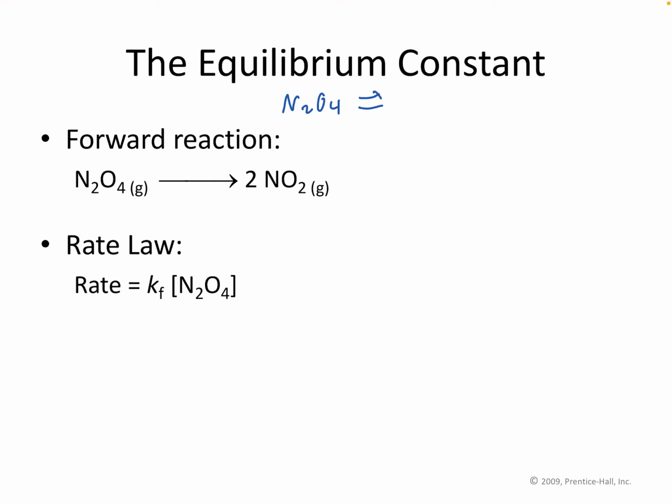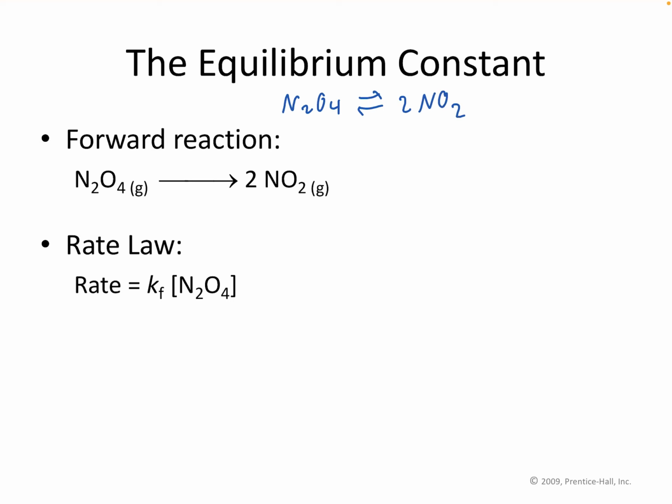Okay, so remember we've got our overall reaction N2O4, equilibrium arrow makes 2 NO2. Go back to the kinetics chapter, where we spent a lot of time trying to figure out, based on experimental data, what the rate law would be.